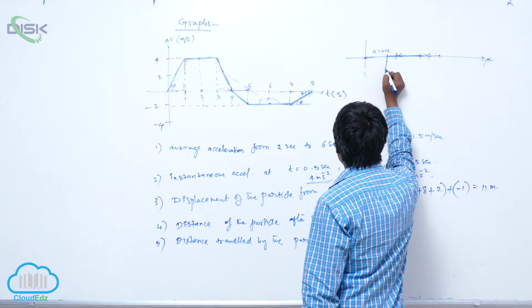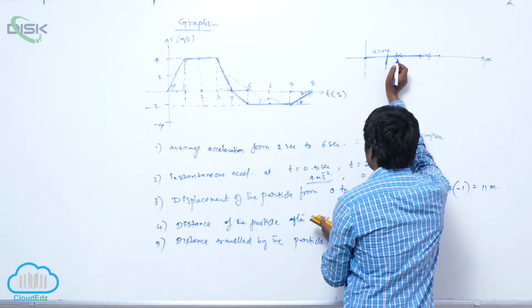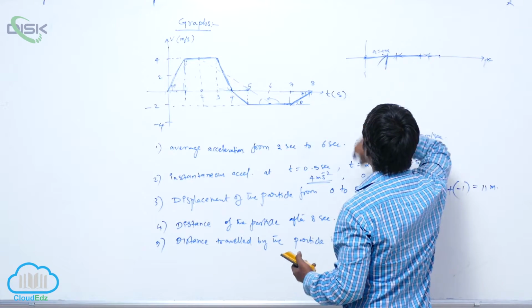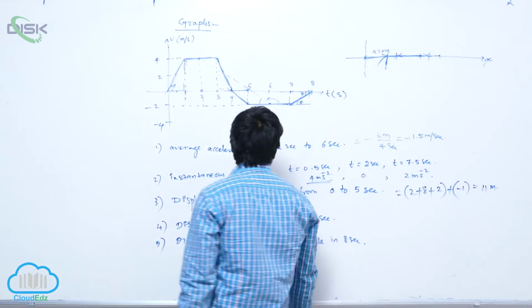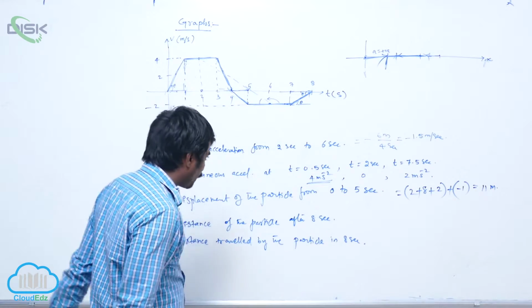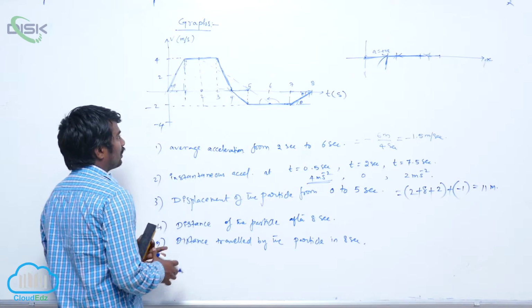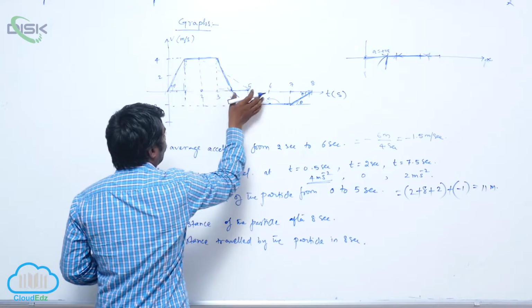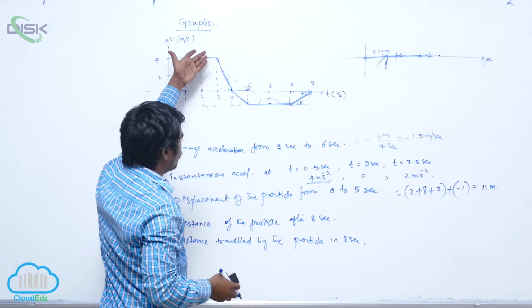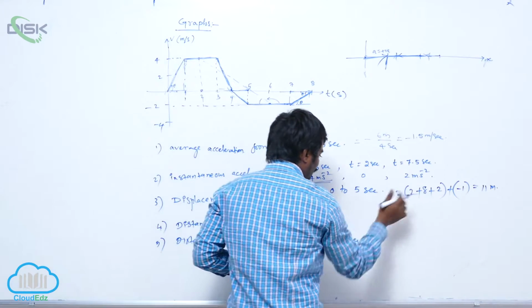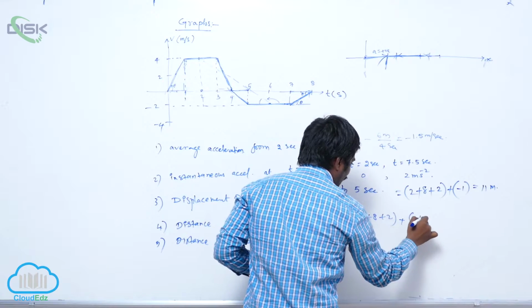Suppose it is here. Now this question asks for the distance of the particle after 8 seconds, meaning at what distance it is from the origin. That means we simply have to calculate the displacement value in 8 seconds. That's all. Displacement in 8 seconds means this total area plus this area, but below this axis we take it as negative. Above the axis, the positive part we have already calculated: 2 plus 8 plus 2 minus 1.